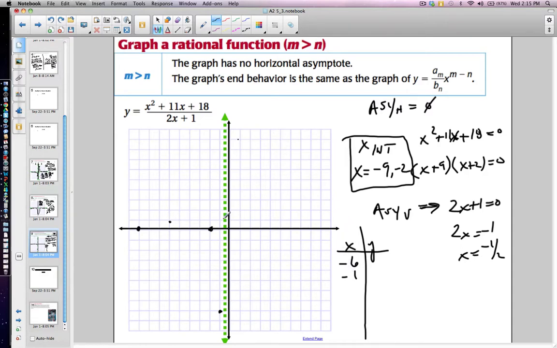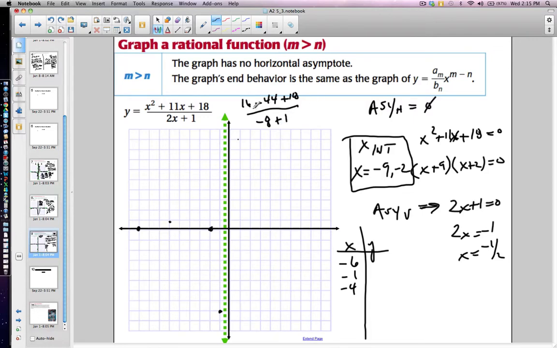So to find out a little bit more, if I go ahead and check here at, say, negative 4, that might help me out a little bit. So I'll have 16 minus 44 plus 18 over negative 8 plus 1.